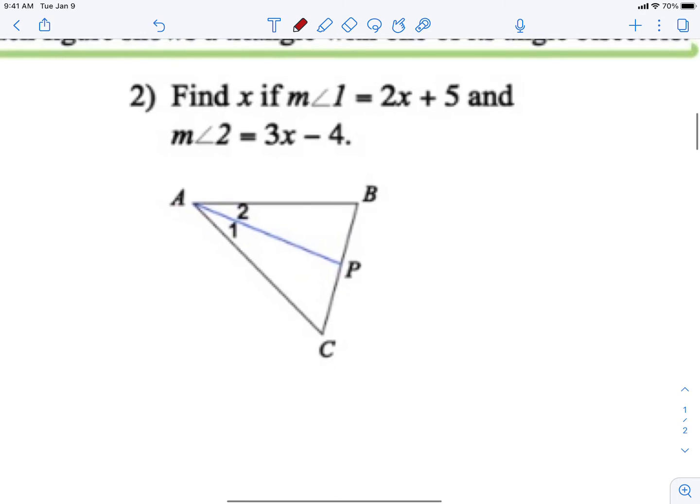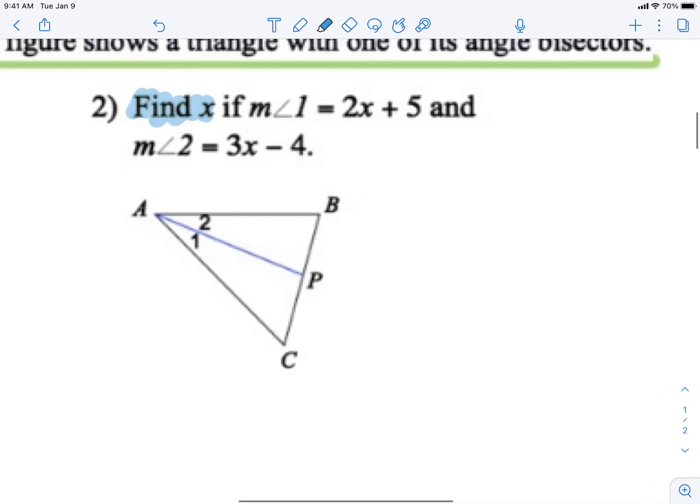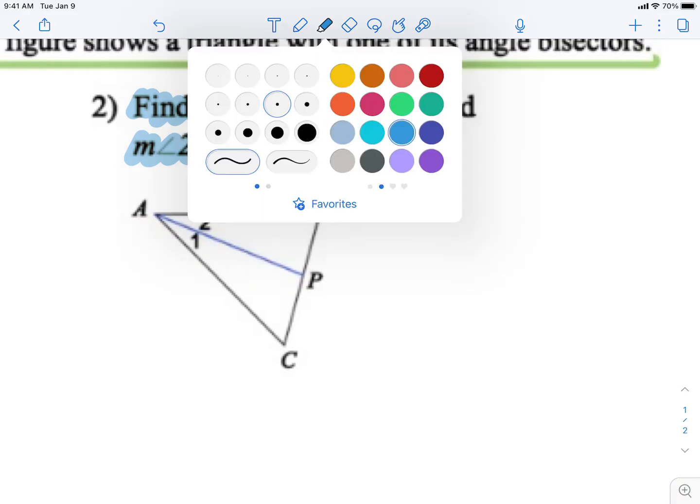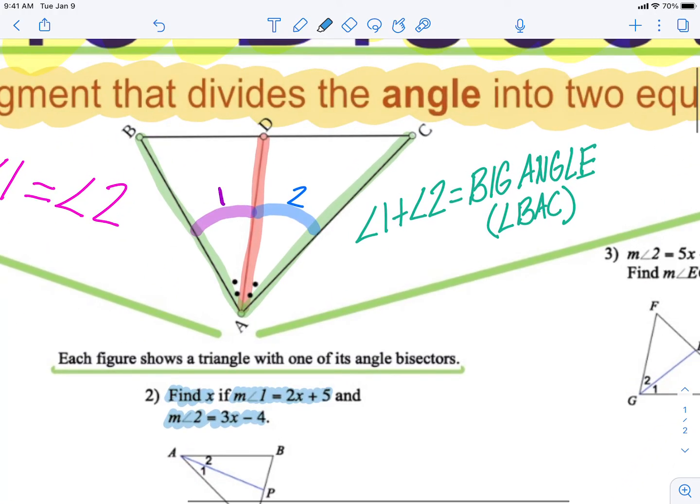So this second example says, find x. Okay, fair enough. This says if angle 1 is equal to 2x plus 5 and angle 2 is equal to 3x minus 4. Okay. Well, we know from our original notes that this segment here splits the big angle into 2 equal angles, where angle 1 is equal to angle 2.